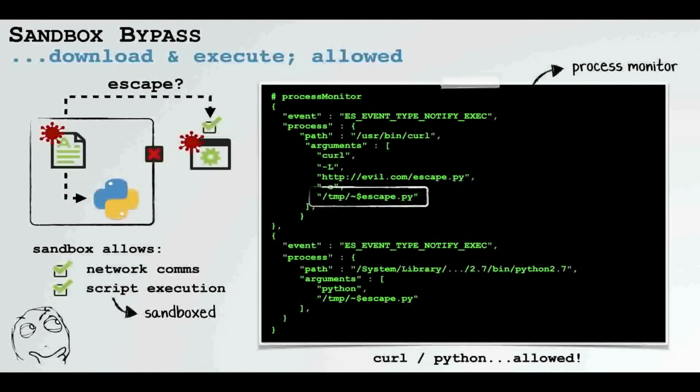Also, it turns out in the sandbox, we can both download and execute scripts, as we can see in the process monitor on the slide. Now, these scripts themselves will be sandboxed, right? They're children of a sandbox process, which means they are also sandboxed. But that's still a start, right? We can execute, for example, Python scripts, which gives us a very extensible programming language to perhaps do some sorts of evil things.